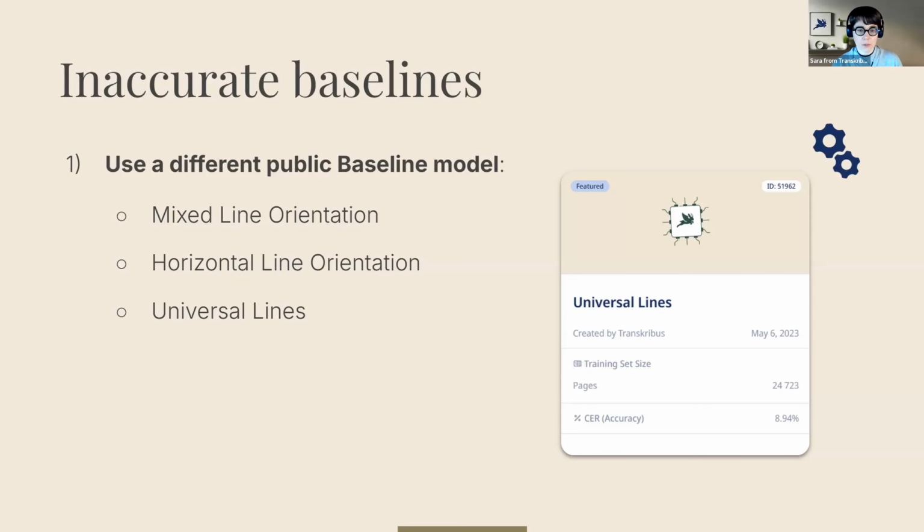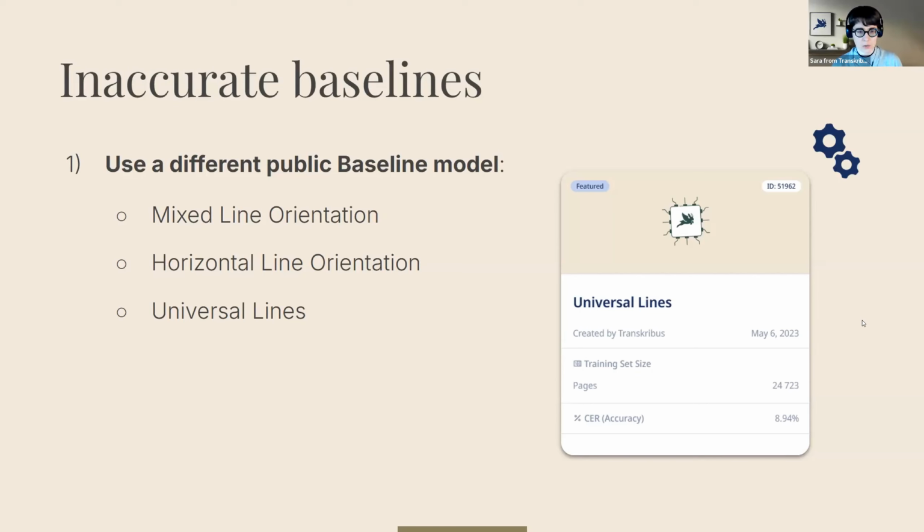While if you have also lines with different angles, I would use the mixed line orientation model. And then we have also the universal lines model, which was trained on a bigger data set, but it doesn't outperform the mixed line orientation. So it really depends on your material, and you need to test it to see which is the best one for your documents.